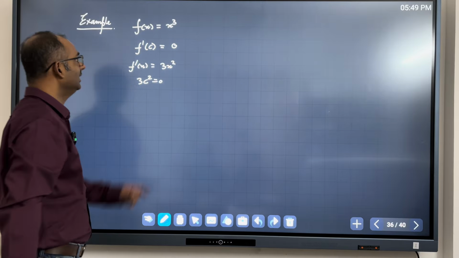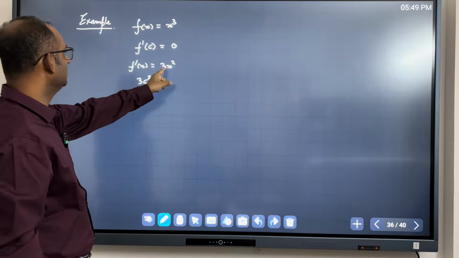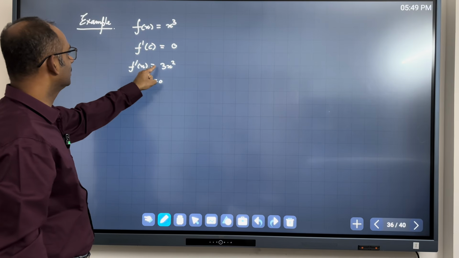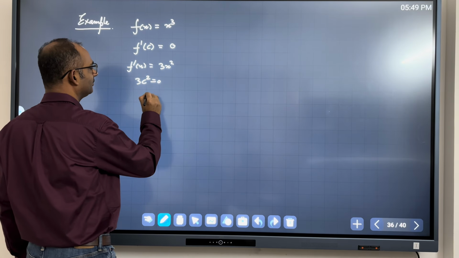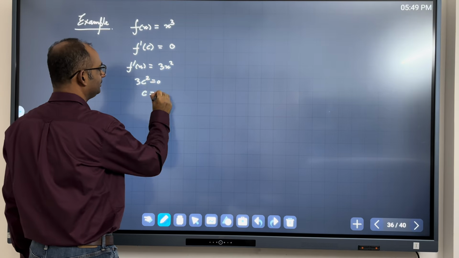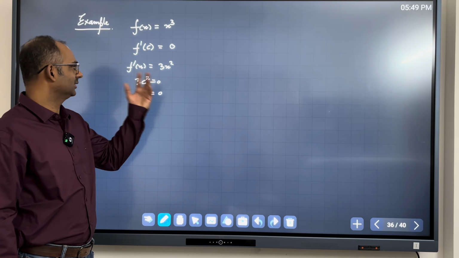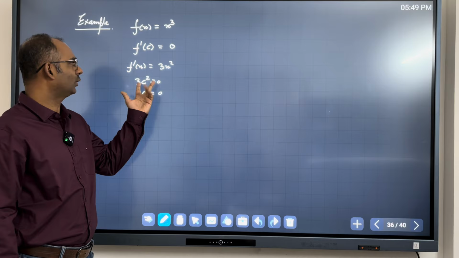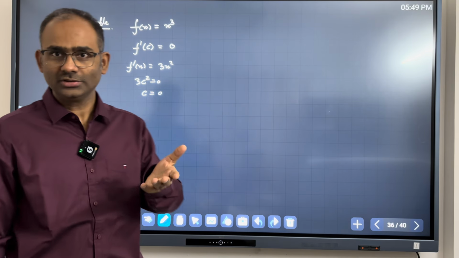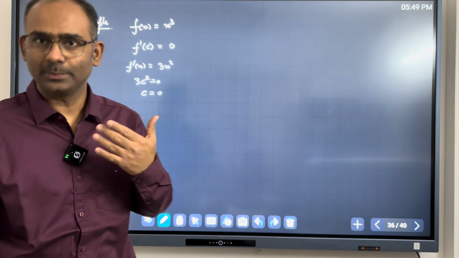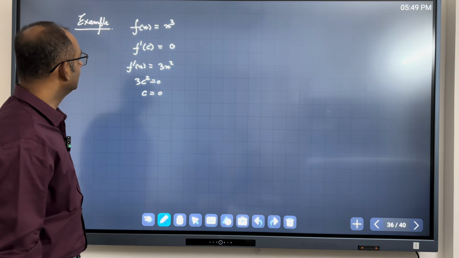I'm calling it c because I'm saying the condition at points x equal to c. So what is c? Also just note that this is a quadratic equation, and in general quadratic equations have two roots, but here both roots are repeated, so you have only one, both 0 and 0. So c equal to 0.